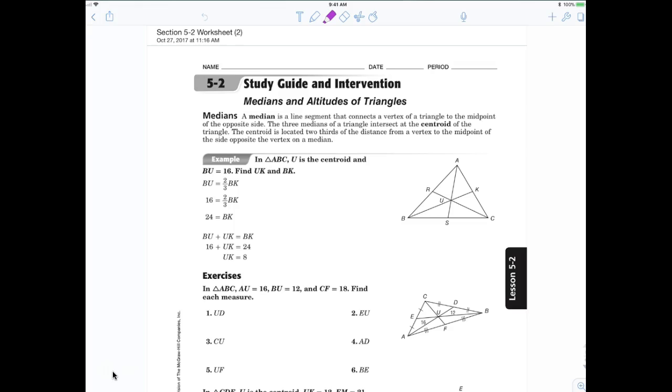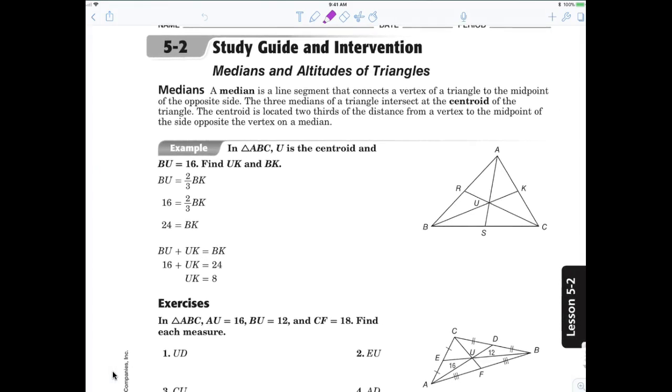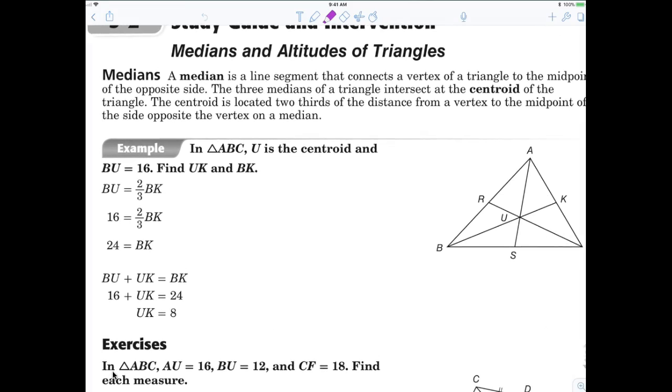It's not really the middle, but it's like the center of mass, which means if you cut out the triangle, it would balance perfectly on that point. If you want to highlight this: where the three medians intersect is called the centroid.